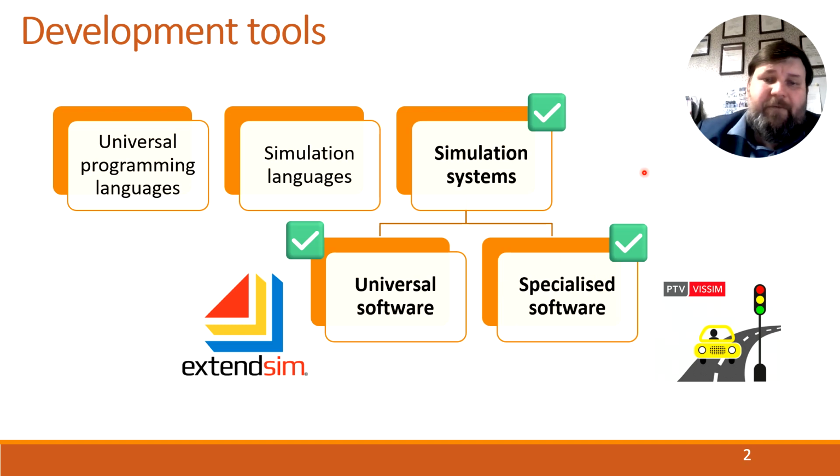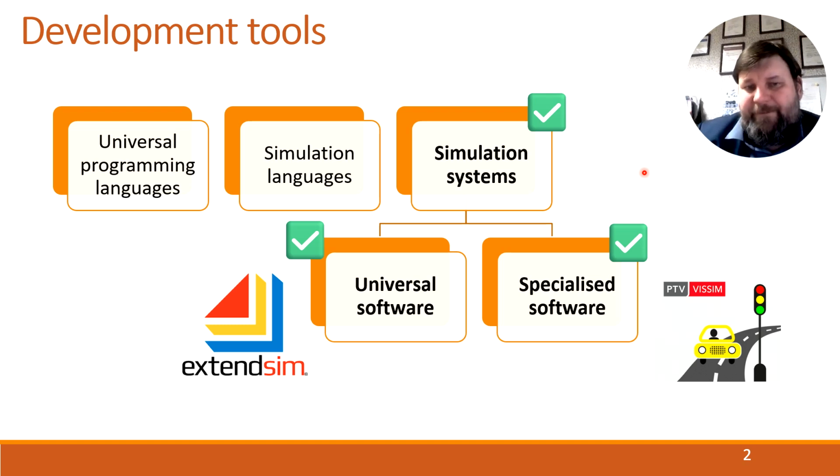What actually does universal software mean? Universal software is a software product which is not targeted to a specific domain, for example software for traffic flow simulations or software for production processes simulation.